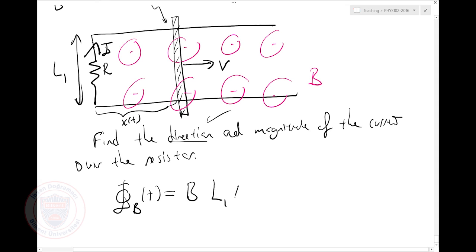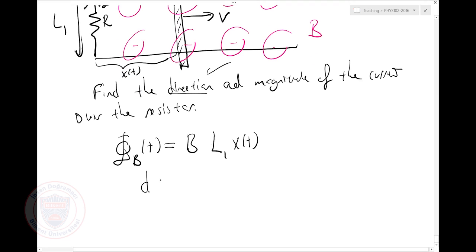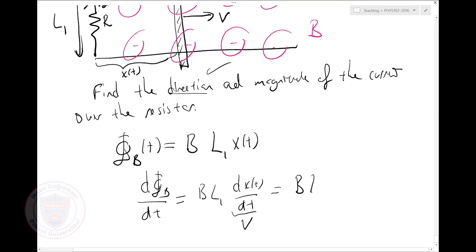L1 times x of t, right? It's a rectangle. So what's d phi b dt? B is a constant, L1 is a constant. It's dx of t dt. But what's this? Velocity, right? So it's going to be B times L1 times v.